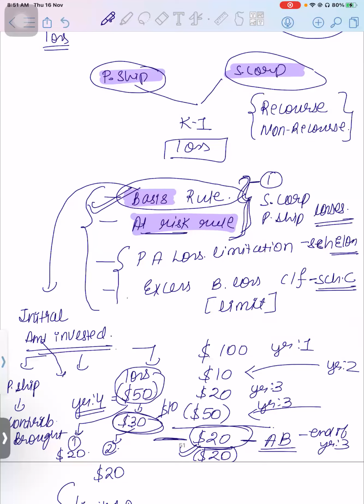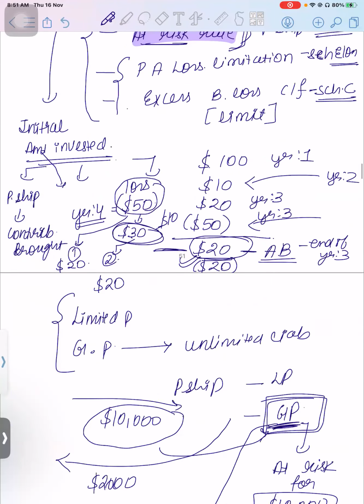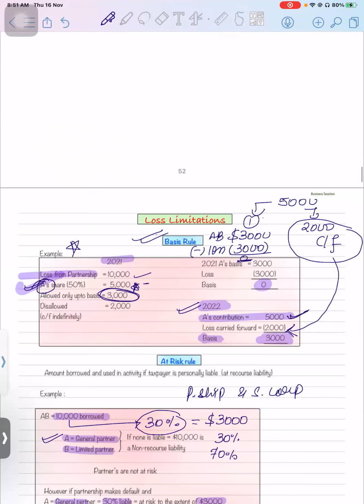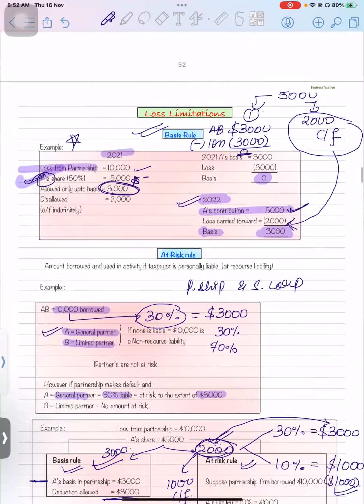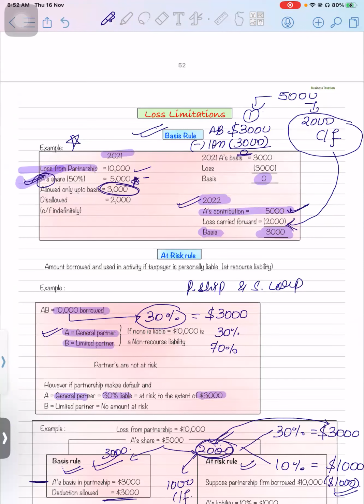Going back to the example, let's just assume that Mr. A was a limited partner and not a GP. So does that mean that he would only have the basis rule applied, and anything that's disallowed would be carried forward for the next year? Because he wouldn't even have to go through the at-risk rule, right?